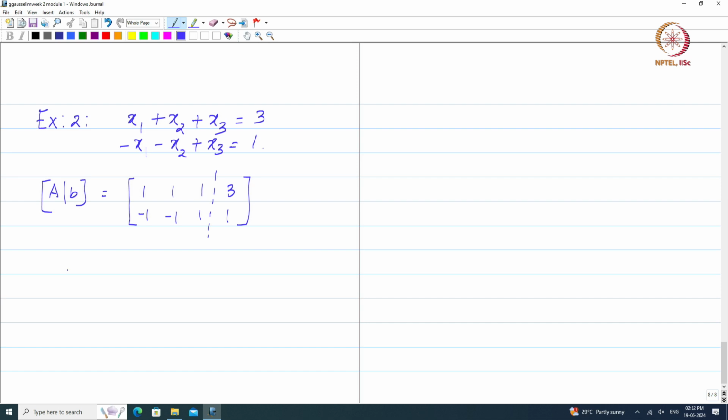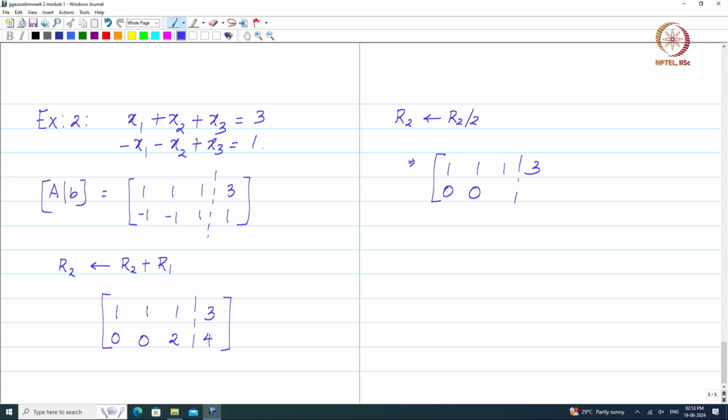Solving this with row operations, R2 is replaced with R2 plus R1, then we get 1 1 1 3, 0 0 2 4. R2 is divided by 2, then it will be 1 1 1 3, 0 0 1 2.